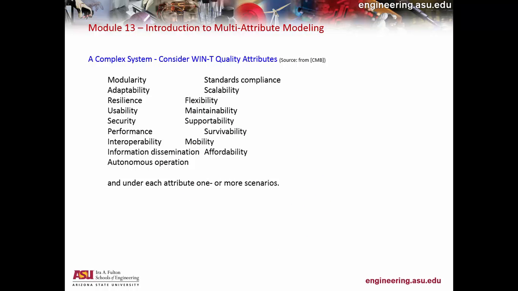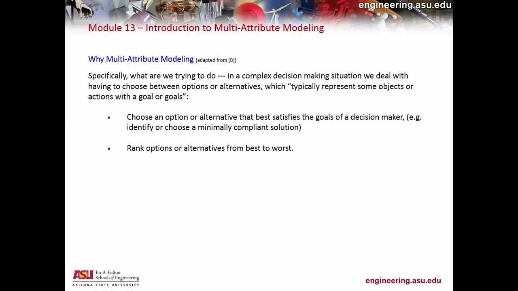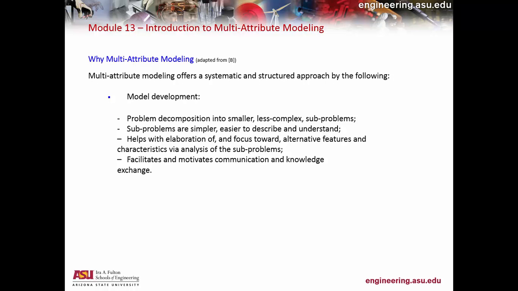When we look at the main parameters of measuring what we want, things like modularity, adaptability, and all, we can come up with general feelings about how we want to define our attributes based on performance. The first part is trying to figure out what are my options or alternatives, and then sit down and rank them between best and worst, and it's going to trade off against other things.